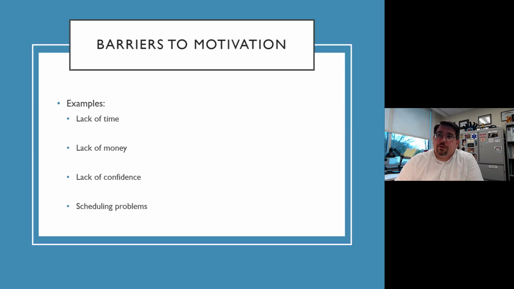Now, there are also barriers to motivation, right? Lack of time is a big one. Students will sign up for something and they don't understand the amount of effort and time that goes into doing it. And then they end up becoming extremely frustrated because they don't have the time to commit. When you think about taking a college class like this, it's a 10-credit class.